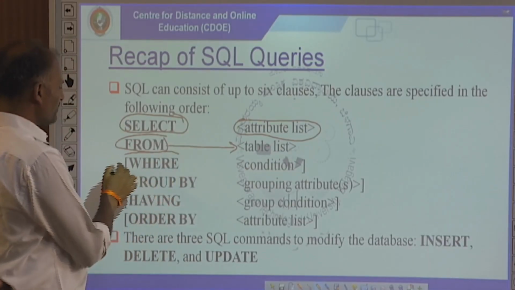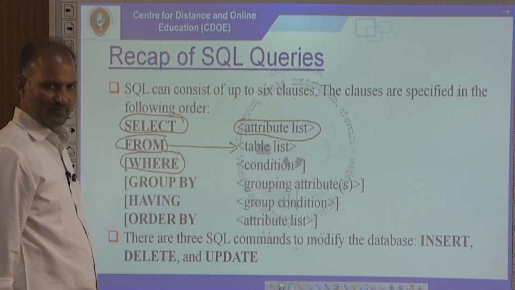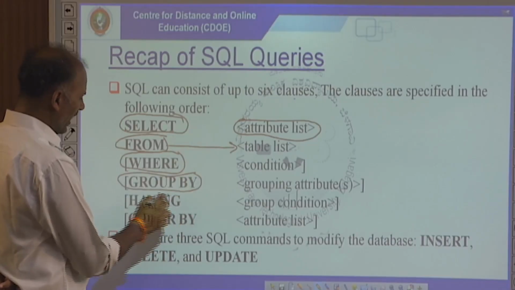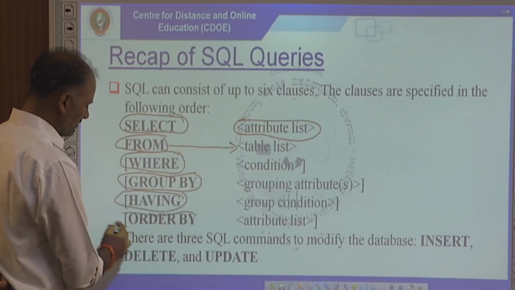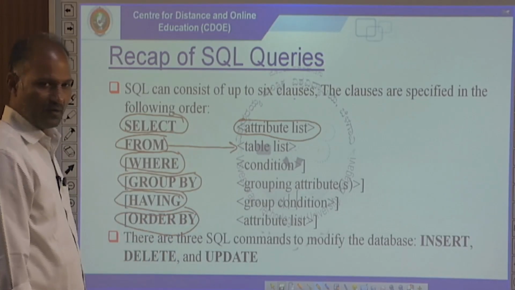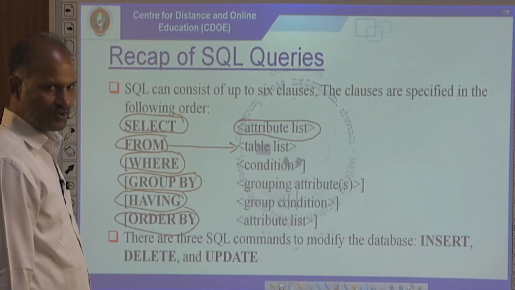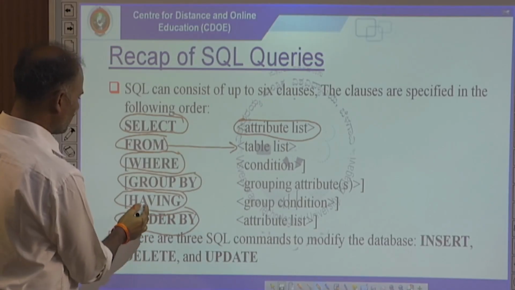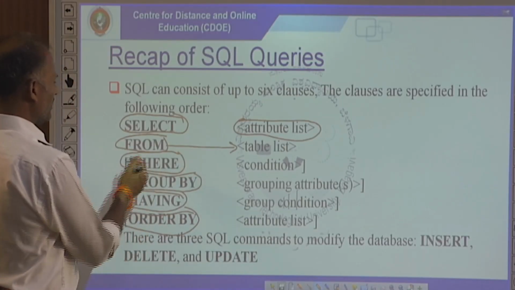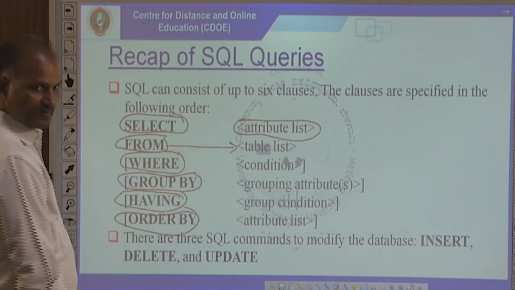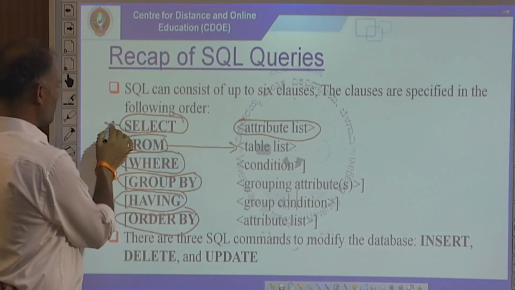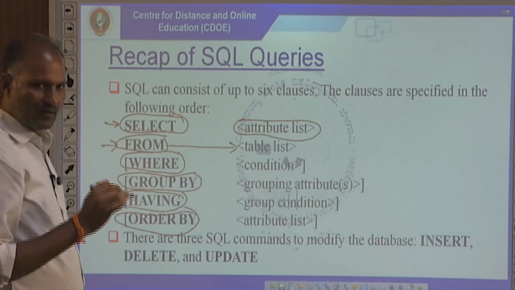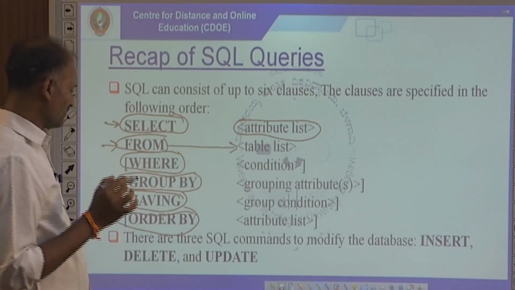Then always specify the where clause, then the group by clause, then having, then order by. That is the order that you need to follow while writing. You cannot write having before, or group by here. Always follow the rule: select, from, where, group by, having, order by.